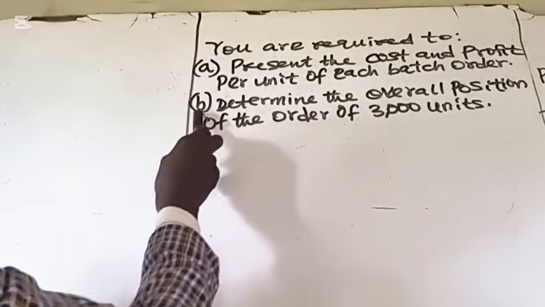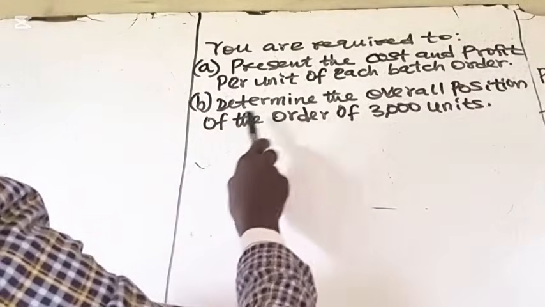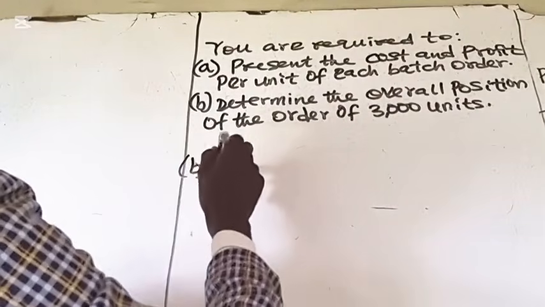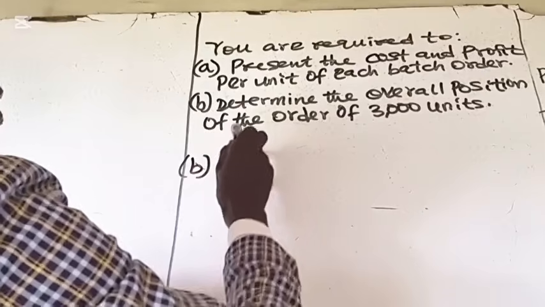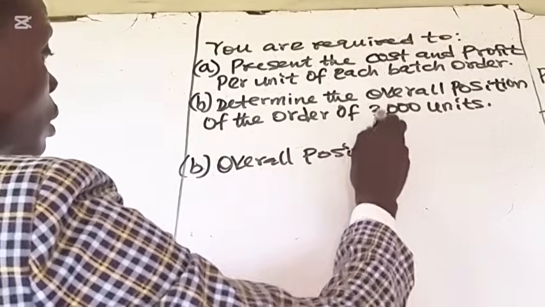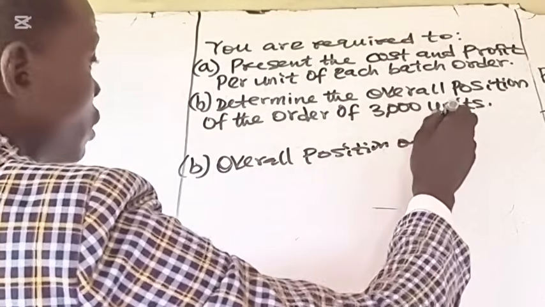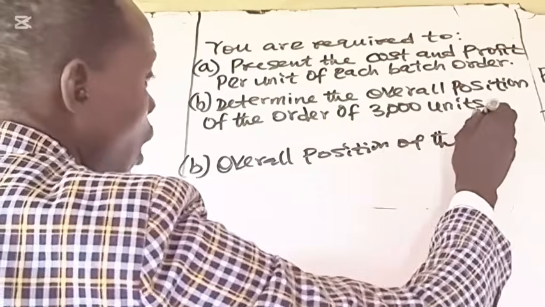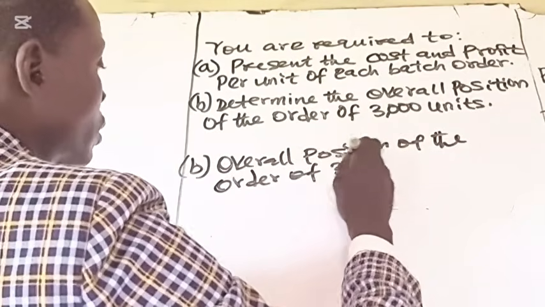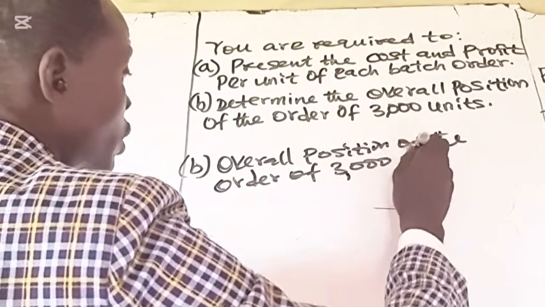The B part of the question, you have to determine the overall position of the order of 3,000 units.